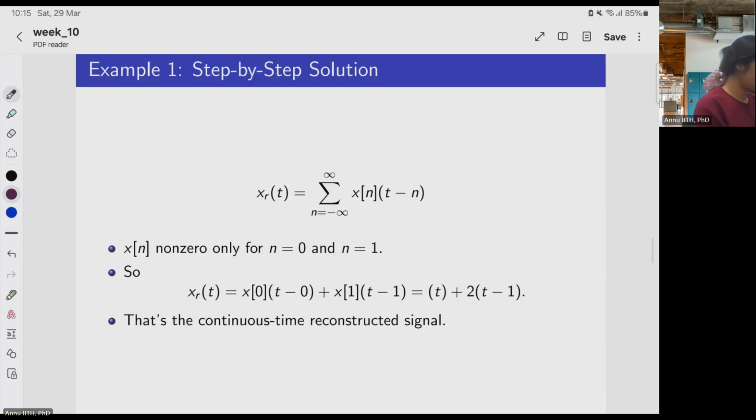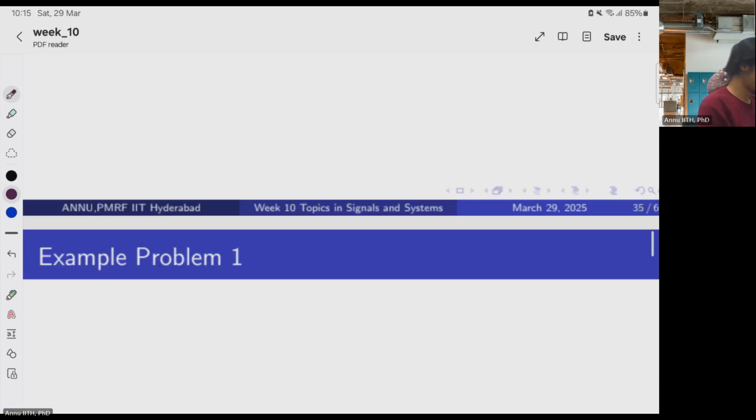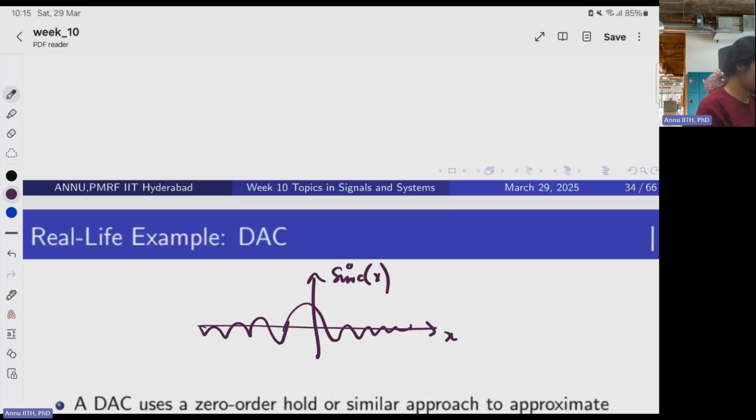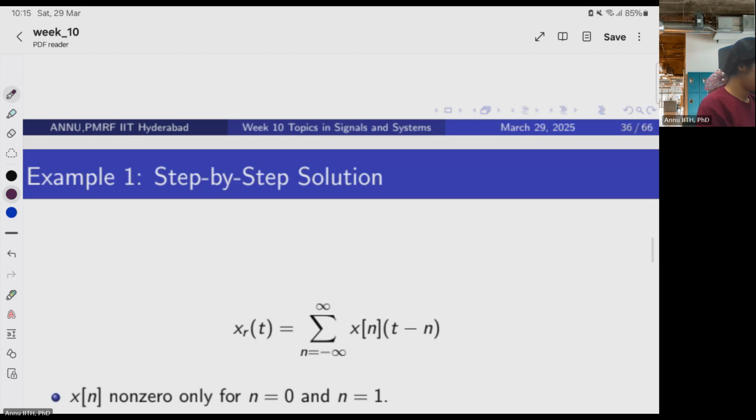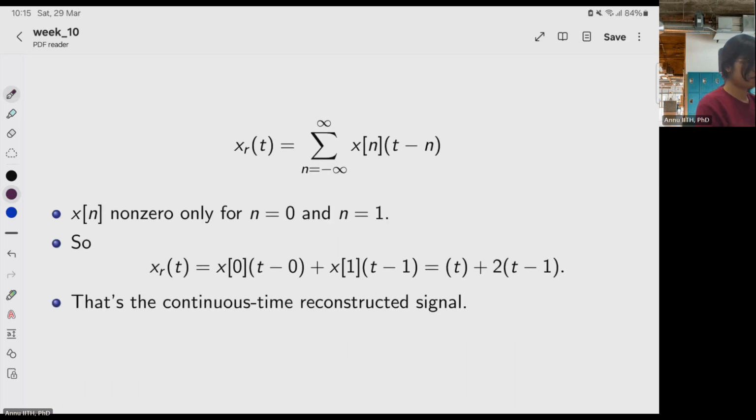So just by using the formula, x[n] sinc of (t minus nTs), we get xr(t).